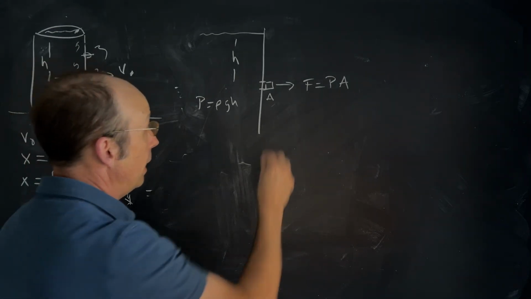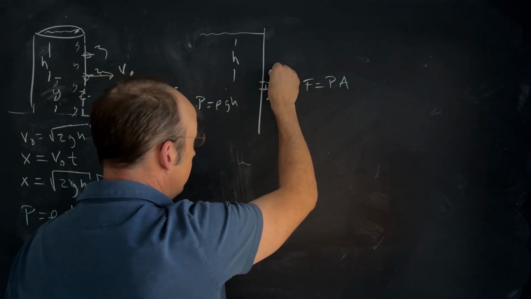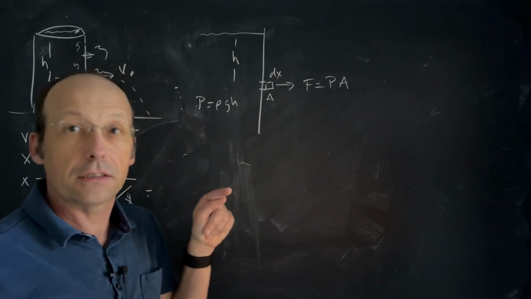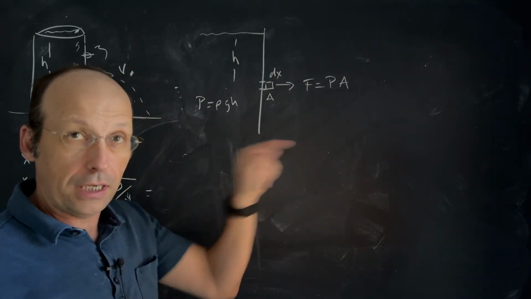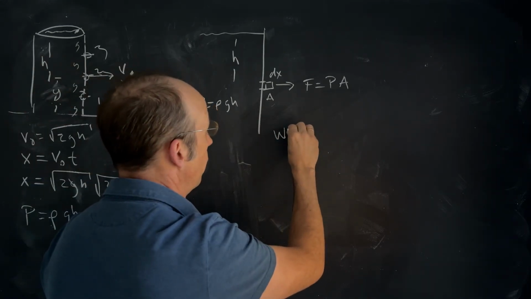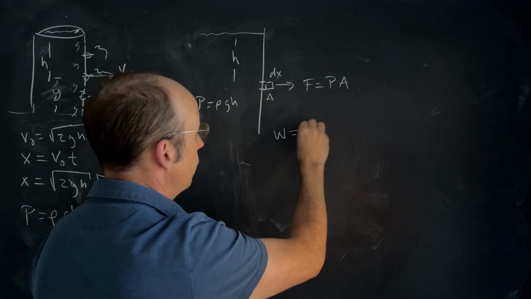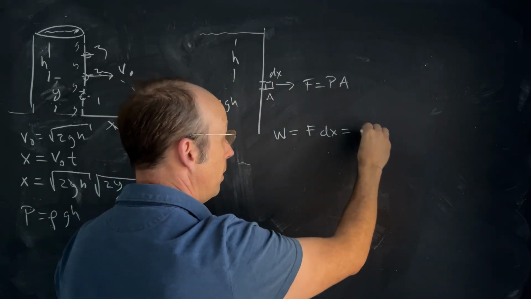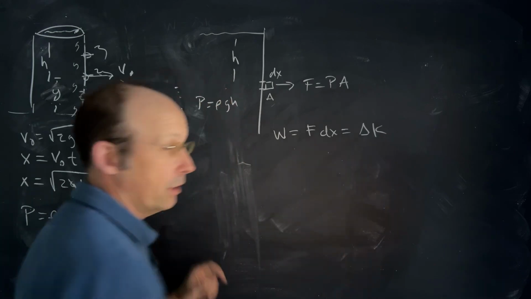Now suppose that that water moves a distance dx, a tiny distance dx. It gets pushed a tiny little distance, and that force is pushing it as it leaves. So I can say the work done on that water is going to be F times dx. And that's going to be the change in kinetic energy.